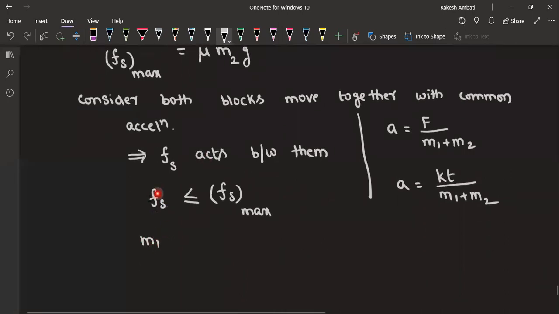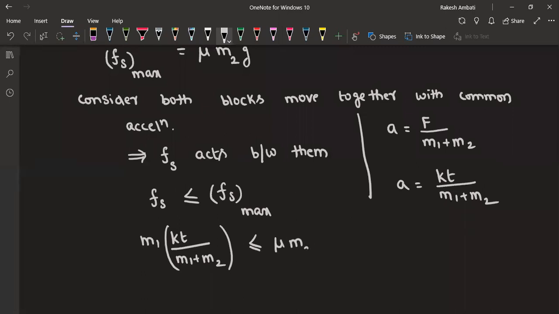But to find Fs, the easiest method is the M1 block. Why? Because in the case of M1 block, the only driving force is the static frictional force. So therefore, this static frictional force is mass into acceleration, and the acceleration we already have is KT upon M1 plus M2. Mass into acceleration is less than or equal to Fs maximum, which we already have as mu into M2G, correct?